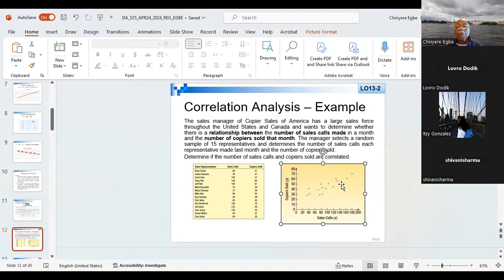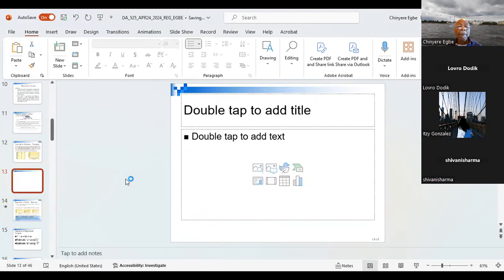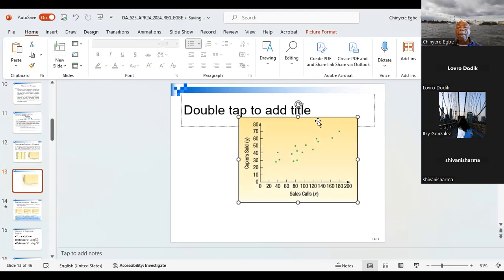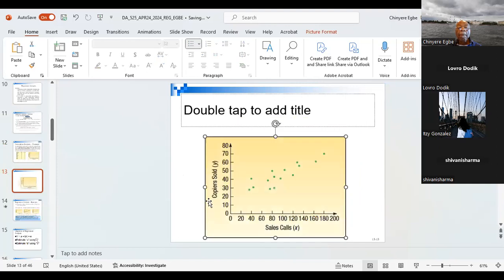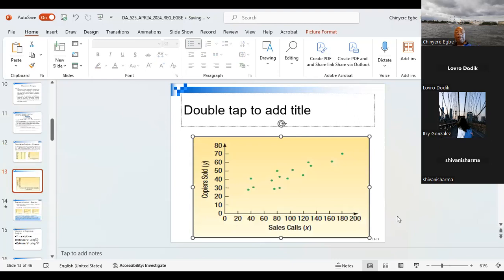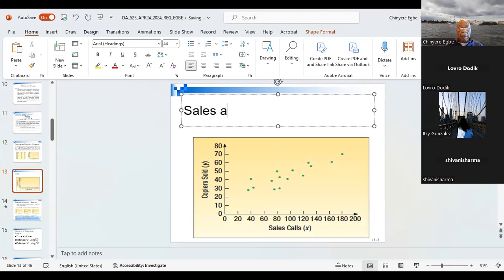For example, look at the data here. All right, so you can see here, this is a model of sales versus sales calls. Now, think about salespersons.